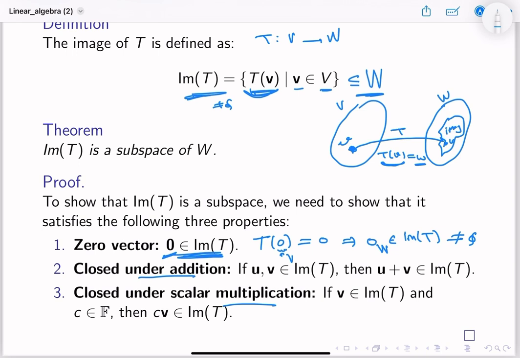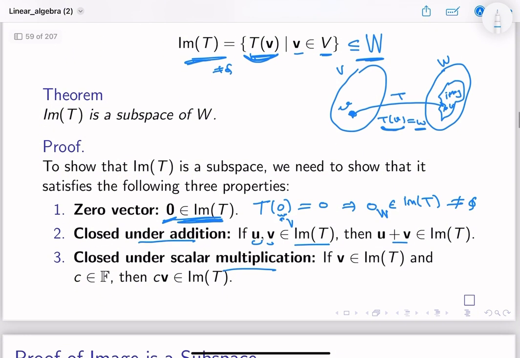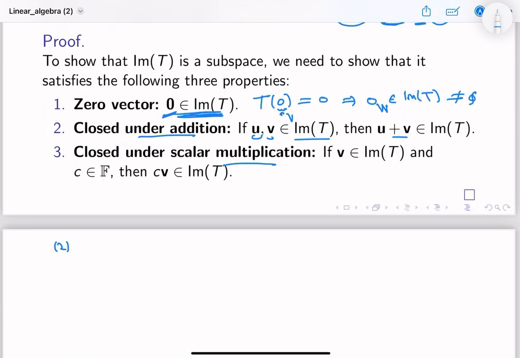The next thing is closure under addition. Why is it the case that if u and v are in the image, then their sum is in the image? Let us prove this. To prove 2, let u and v be in the image of T, and we want to show that their sum is in the image.